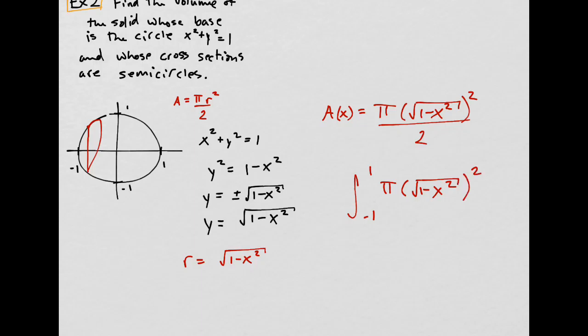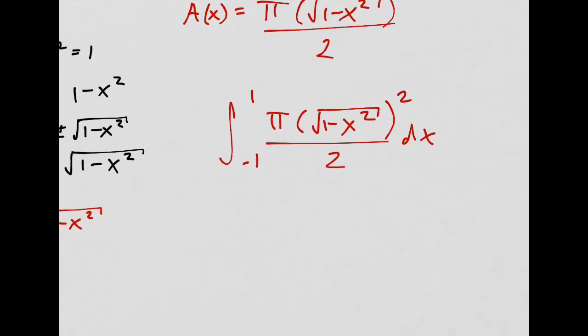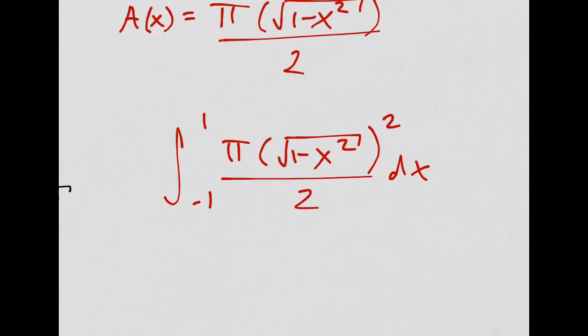Is that all we have to do? You're right. That's how you set it up. You're able to do this by hand because the square and the square root cancel. So that's kind of nice. So you could do this one by hand if you want, or you could just do it in the calculator. Are there any questions on this?